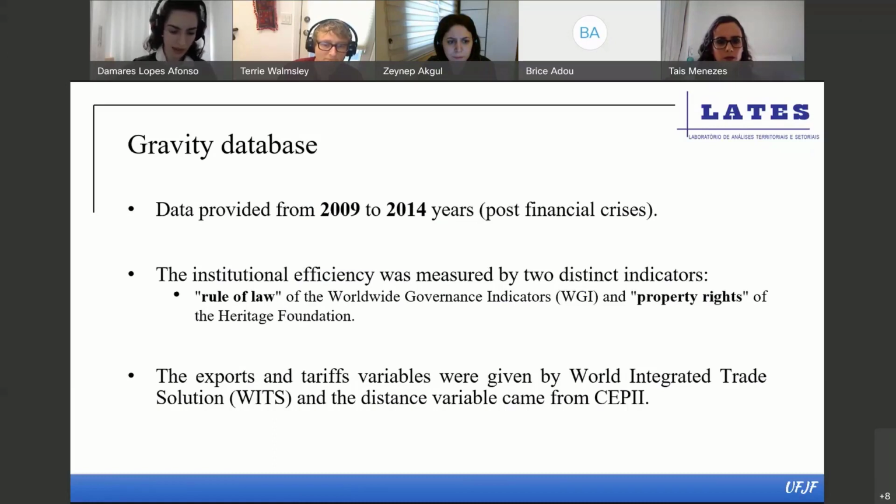Both indicators measure the guarantee of private property rights, the execution of contracts, and the reliability and independence of the judicial system in the exporting countries. The exports and tariffs variables were given by World Integrated Trade Solution, and the distance variable comes from CEPII.